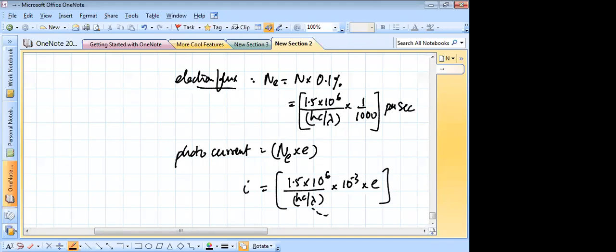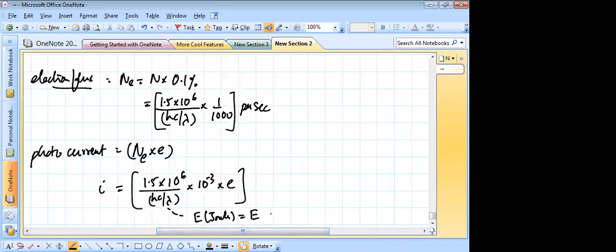Now the thing is, when you substitute, you'll have to convert this to joules. So that will become the energy of the photon in electron volts multiplied with e. So that e will cancel. Is it clear? Yes, sir. Okay. We can complete this calculation.